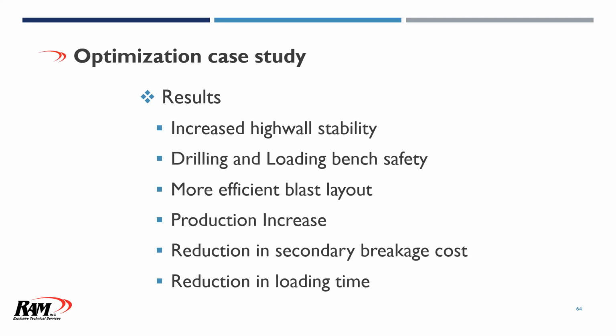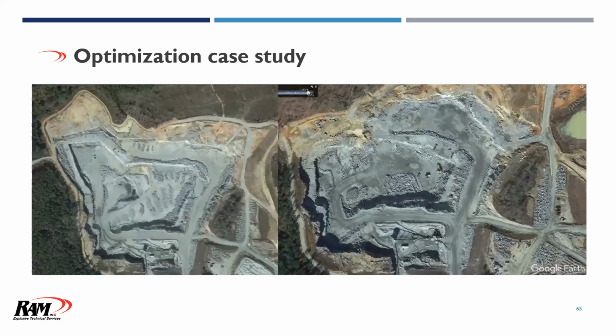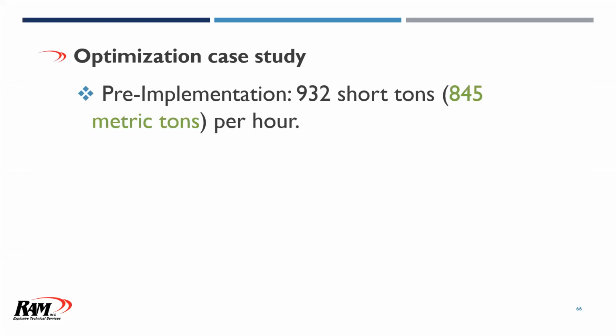And also a reduction in loading time as well. You can see here from some of the aerial photos, from early on to where they made significant changes, they had huge volumes of oversized material there for quite some time. And as they implemented that program, that went down dramatically.